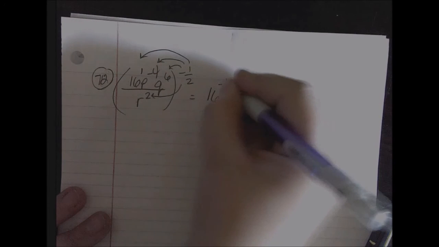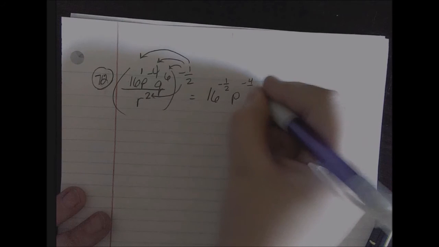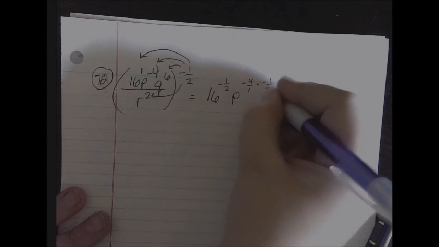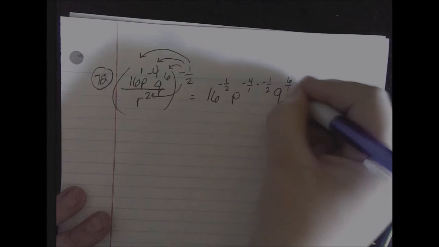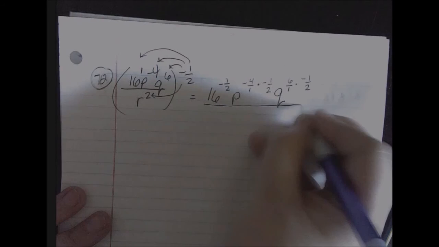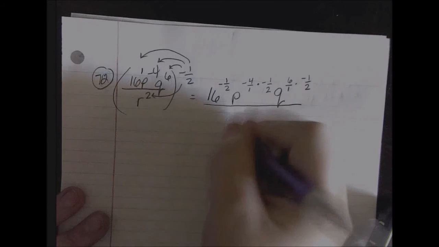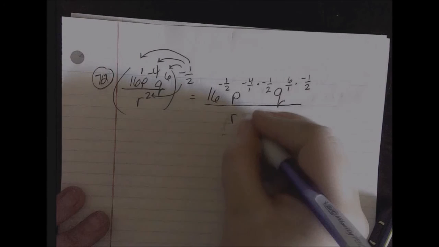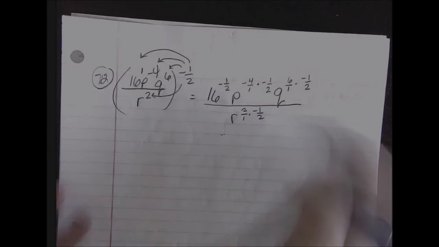So that gives me 16 to the negative 1/2, p to the negative 4 over 1 times negative 1 over 2, q to the 6 over 1 times negative 1 over 2, over r to the 2 over 1 times negative 1 over 2.